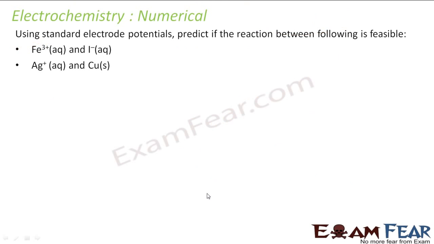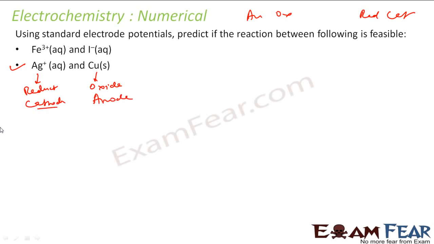Let's talk about the second case. I have Ag plus and Cu. Obviously Ag plus is something which will get reduced, and Cu will get oxidized. Oxidized means this is anode, and reduced means this is cathode. Here we have to find the E cell.